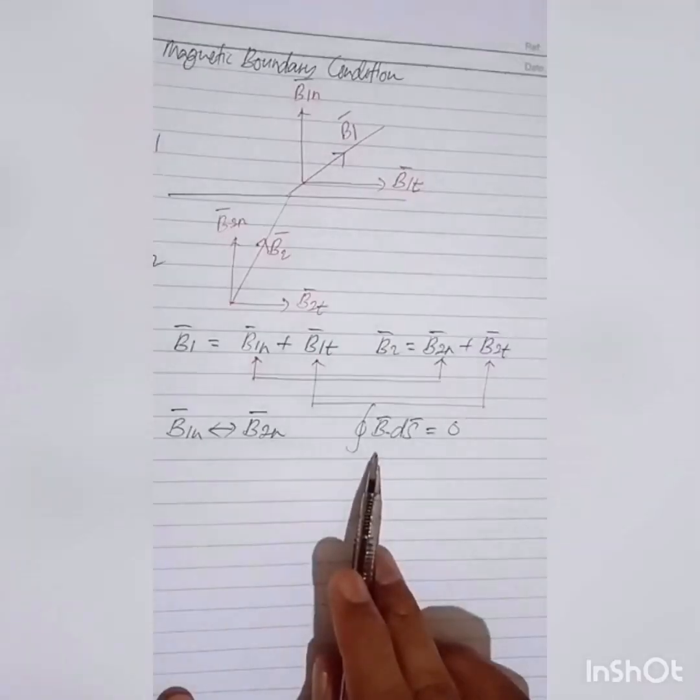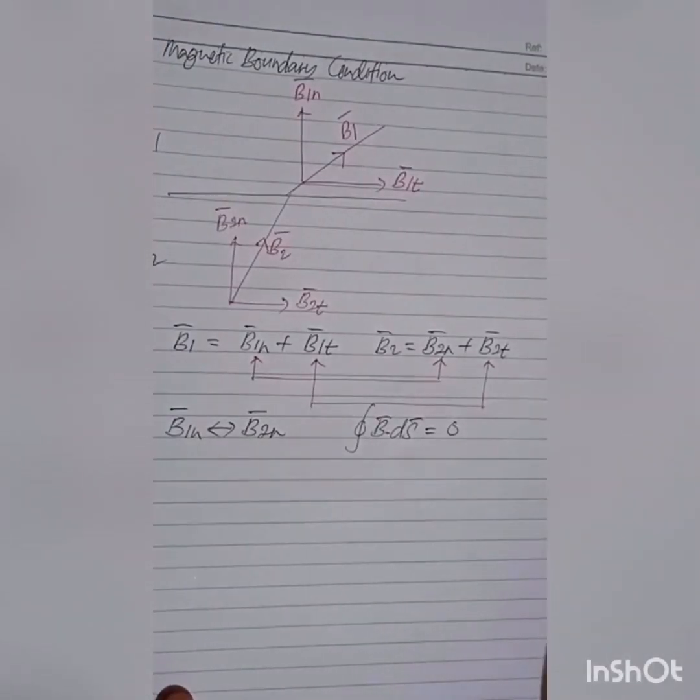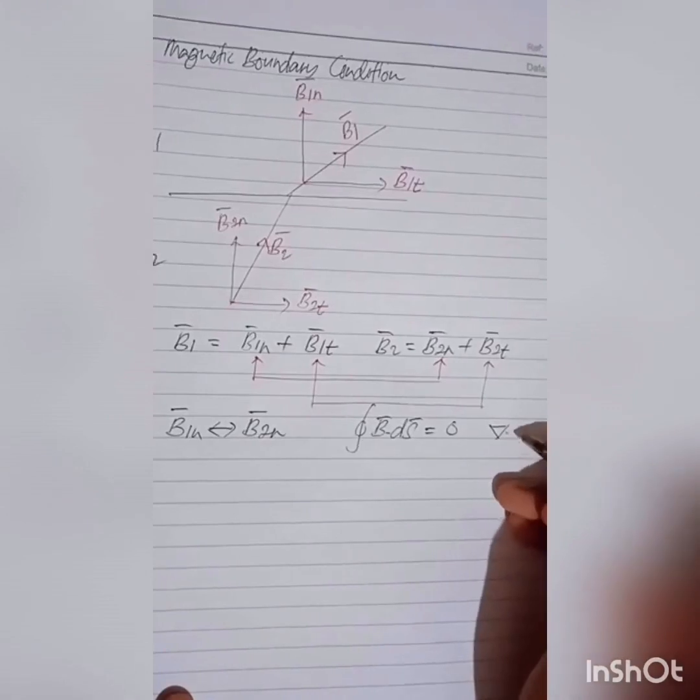This is our fourth Maxwell equation in integral form, or in point form, divergence of B is equal to 0.